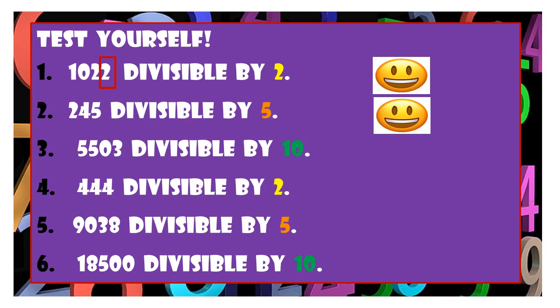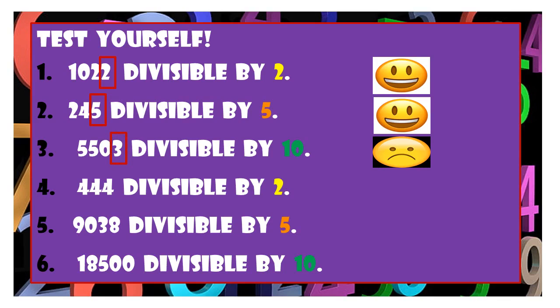How about number 3? 5,503 divisible by 10. Is it a smiley face or sad face? Sad face. Why? 5,503 is not divisible by 10 because the last digit of the number is not 0, which is 3.